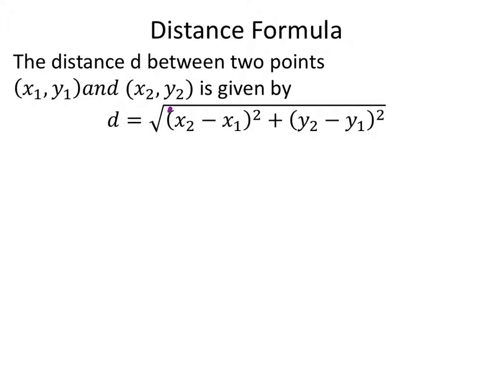So this set of parentheses represents one of the legs. The distance between the y's, which again would be subtraction, would be the other leg. If I squared both of those and added them, I would get the hypotenuse squared. So all I've got to do is square root both sides to get just the hypotenuse, which is the distance.